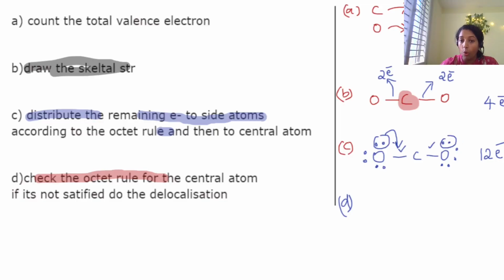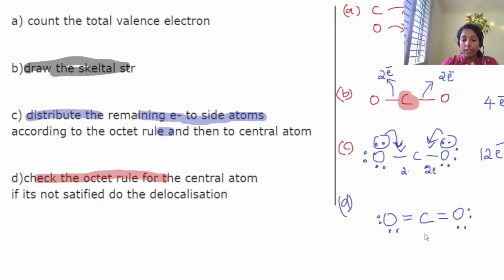We need 4 more electrons, right? Carbon has only 2 plus 2, 4 electrons in this structure, so we need 2 more pairs. That's why 2 delocalizations are needed. So finally, what did we get? Now two lines are there. The remaining oxygen has only 4 electrons, and here also only 4 electrons.